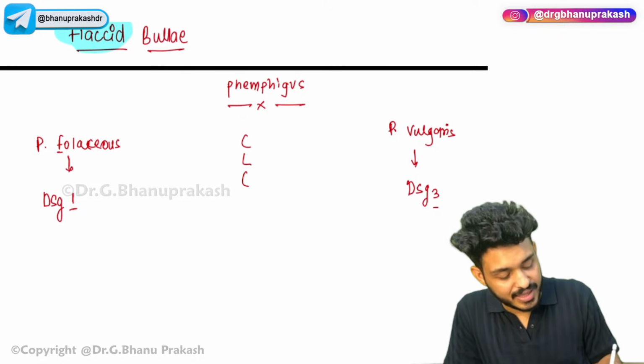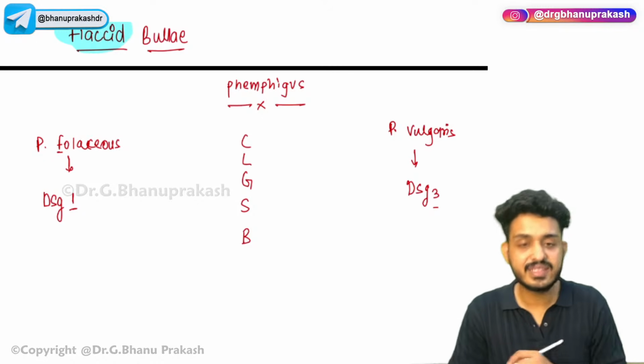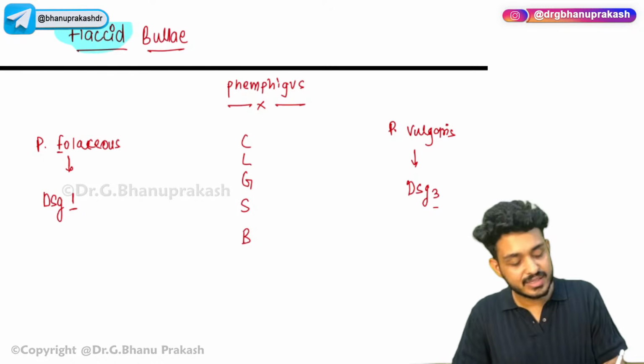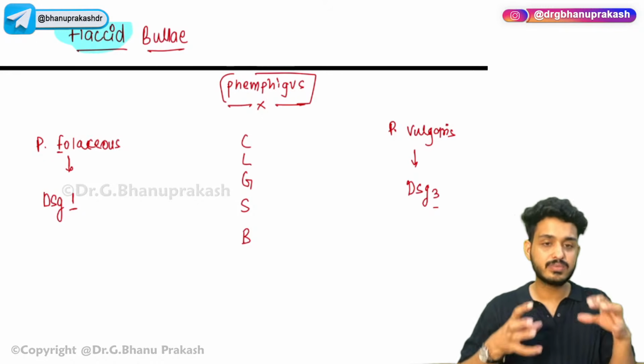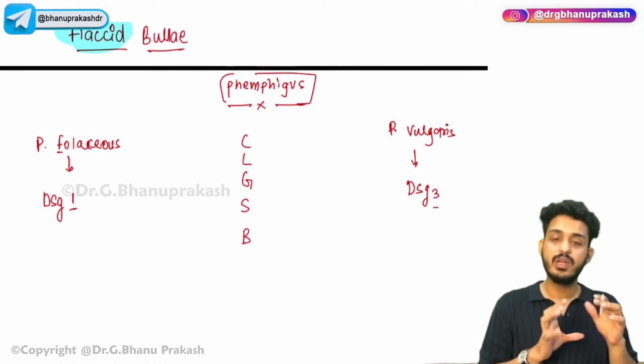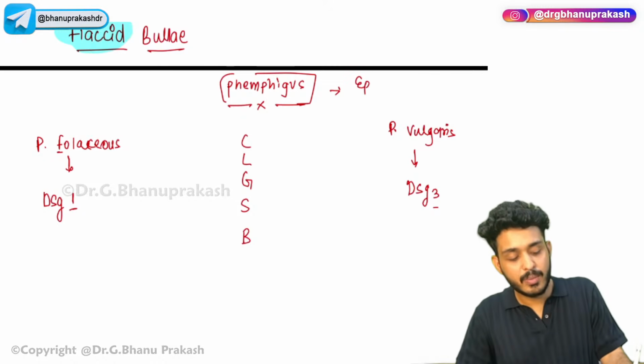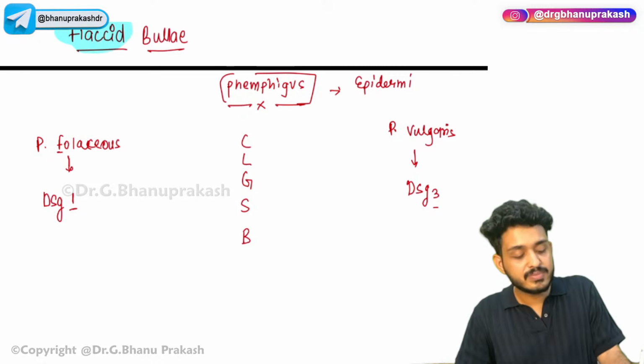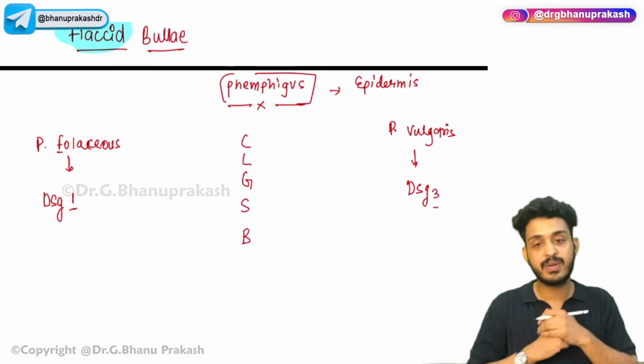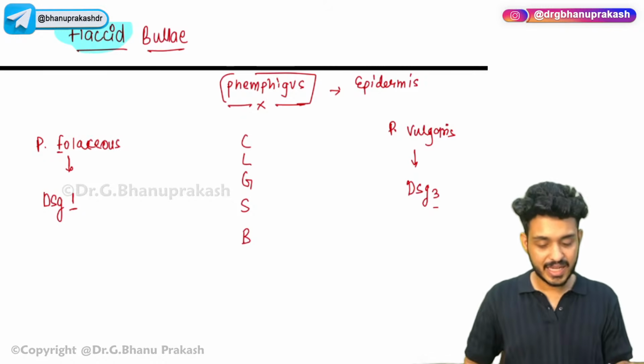This is your come, let's grab some burger. These are the layers of epidermis. Pemphigus is always in the epidermis because desmosomes are present in the stratum spinosum. So pemphigus we always talk about epidermis, whereas bullous pemphigoid we talk about the basement membrane zone. After 5 minutes you will understand what that is.